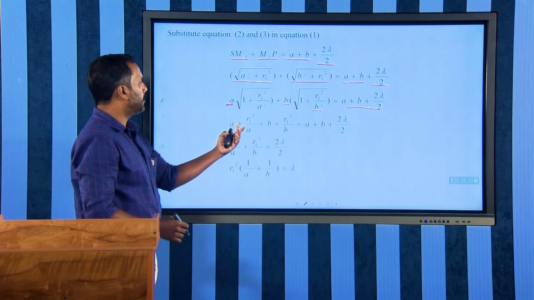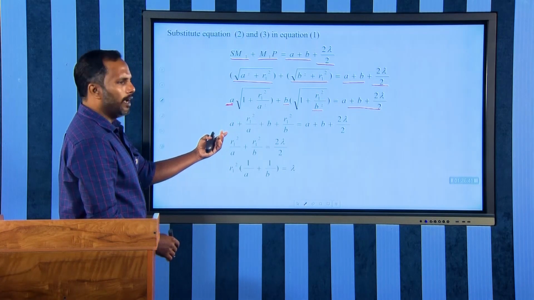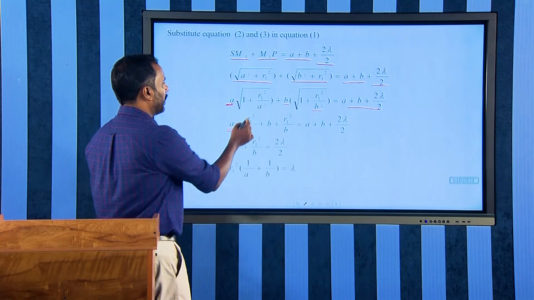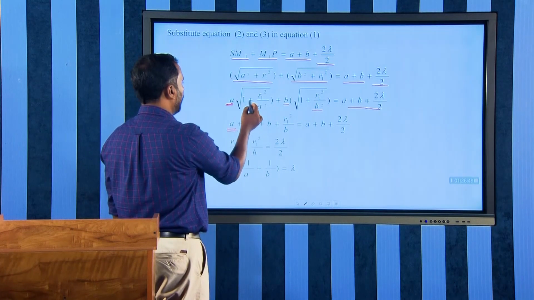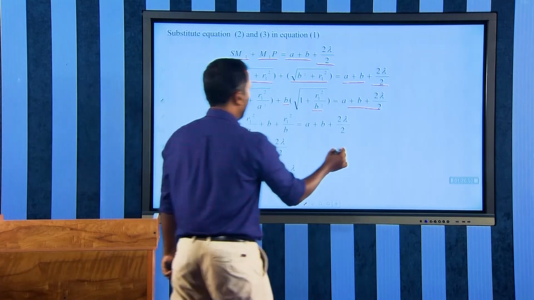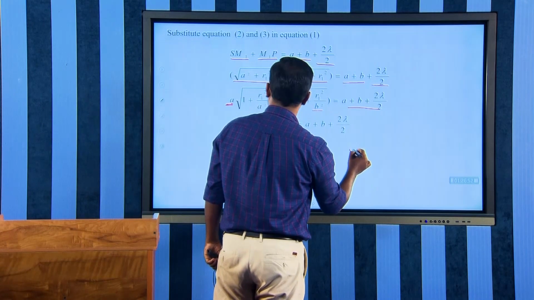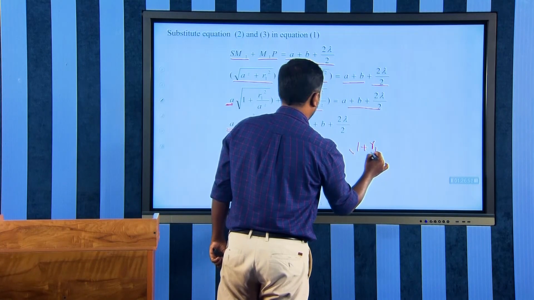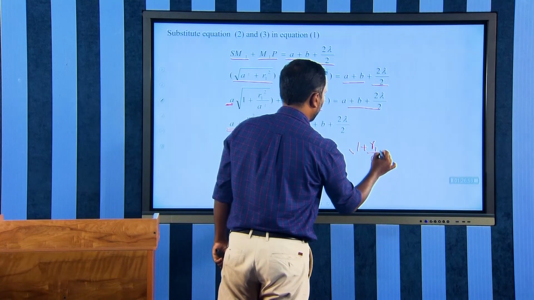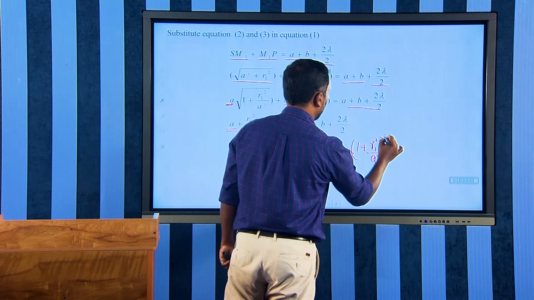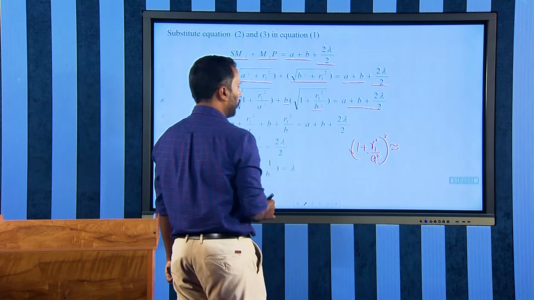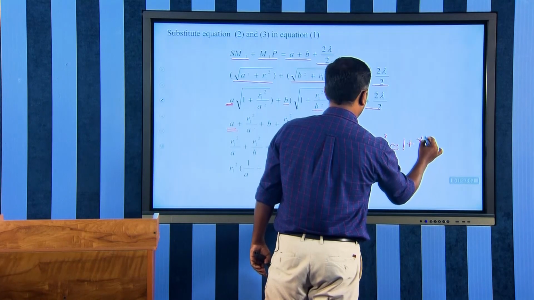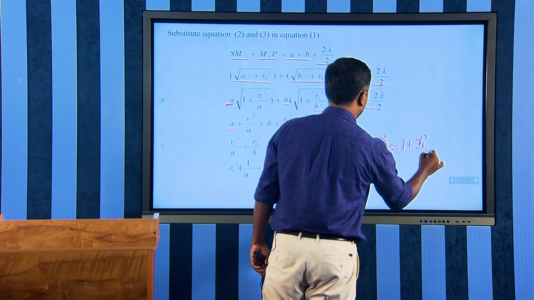So, this I can expand: square root of 1 plus r1 square by a square can be approximated as 1 plus r1 square by a square.